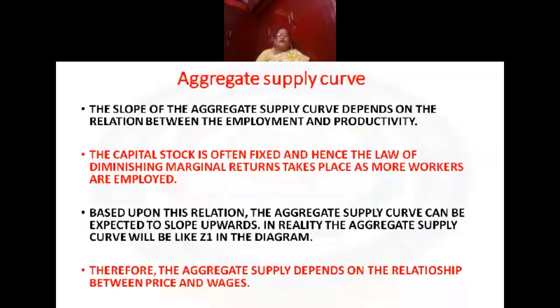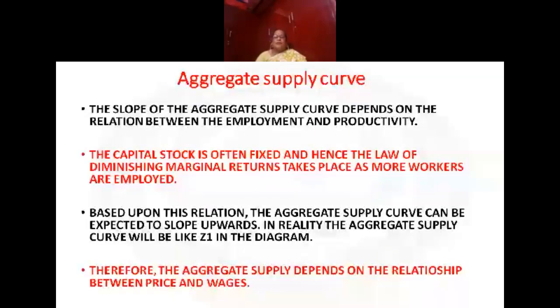The slope of the aggregate supply curve depends on the relationship between employment and productivity. The capital stock is often fixed, and hence the law of diminishing marginal returns takes place as more workers are employed.